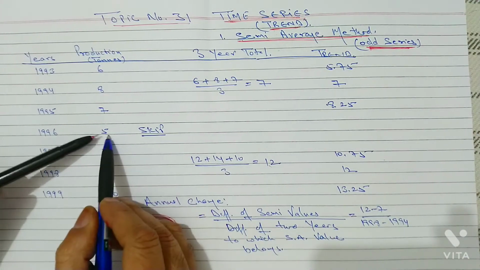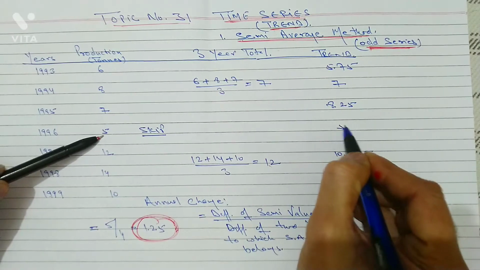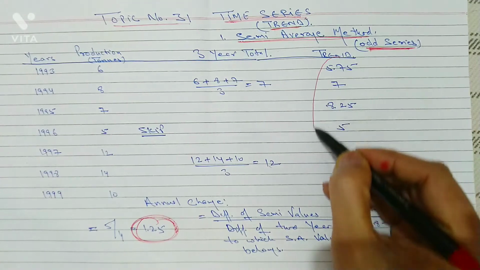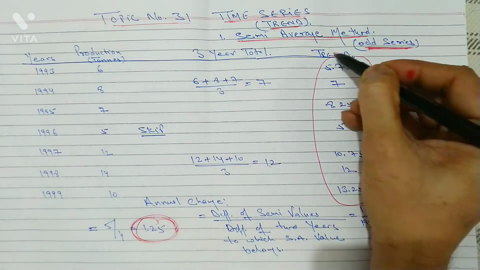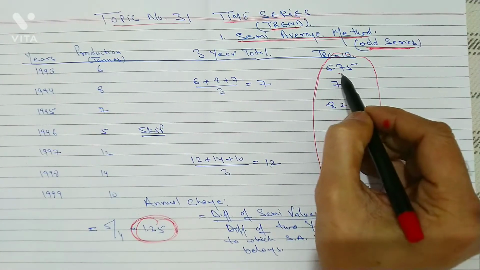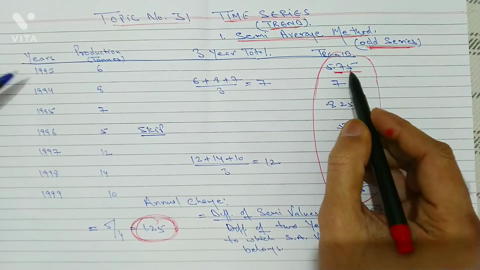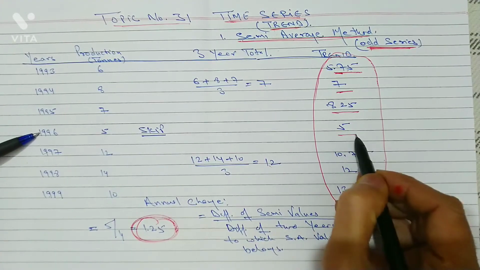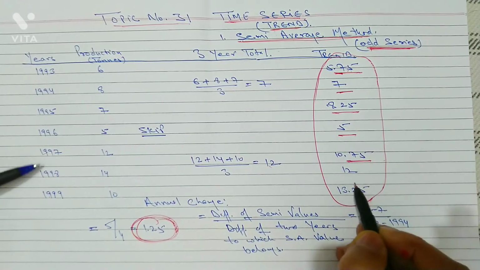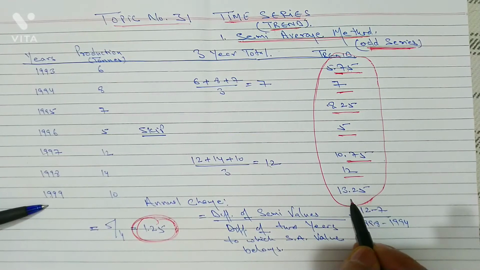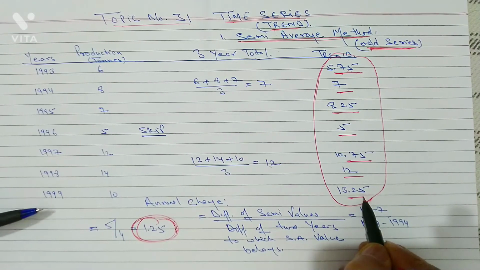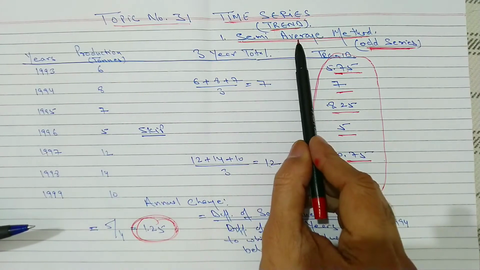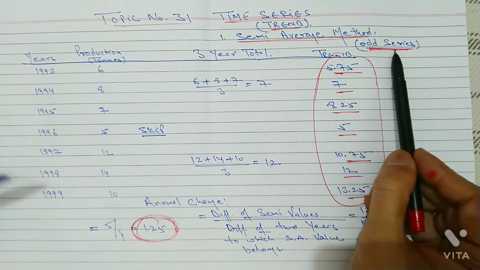The skipped value was 5, therefore write 5 as it is. So our trend values by the semi-average method for an odd series are: 5.75 for 1993, 7 for 1994, 8.25 for 1995, 5 for 1996, 10.75 for 1997, 12 for 1998, and 13.25 for 1999.